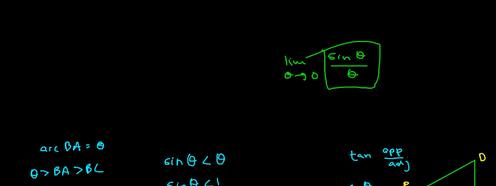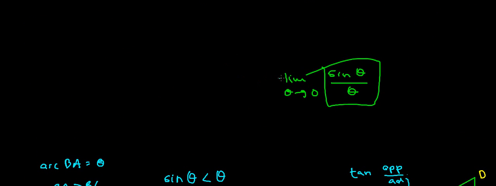Now I'm going back to this original problem, the limit as theta goes to 0. What is that when I have sine theta over theta? So I've got this again, sine theta over theta. What is this limit? Well, let's think about it this way.